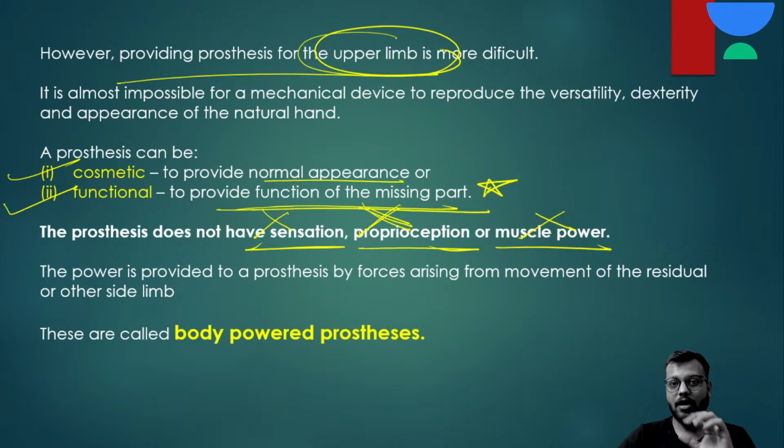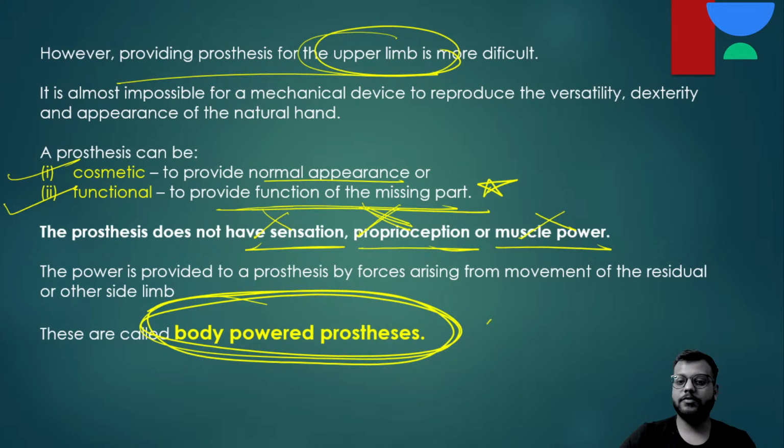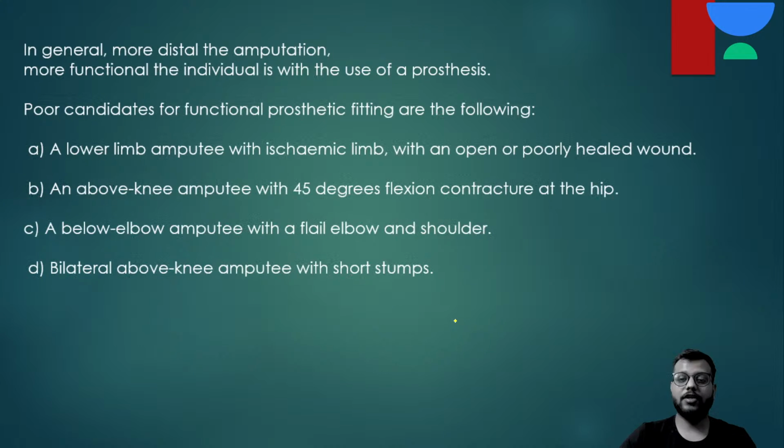Power is attained from the remaining part of the limb, so that provides the residual power. Such a prosthesis is called a body powered prosthesis. But nowadays battery powered prostheses have also come into the market. And in general, the more distal the amputation, the better, because more grip and more power comes in the prosthesis. So we say try to amputate the limb as little as possible.